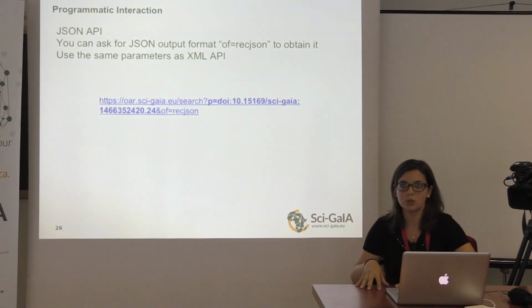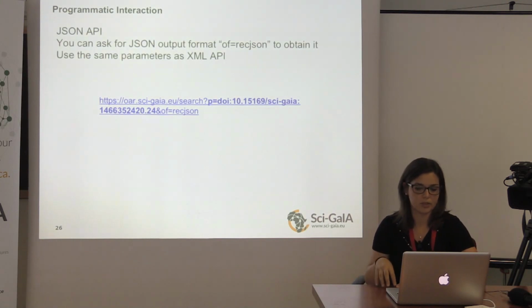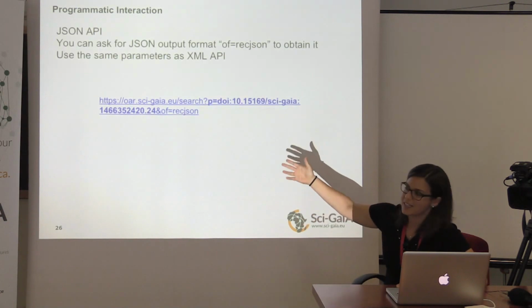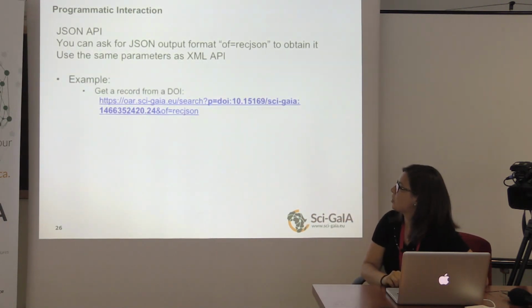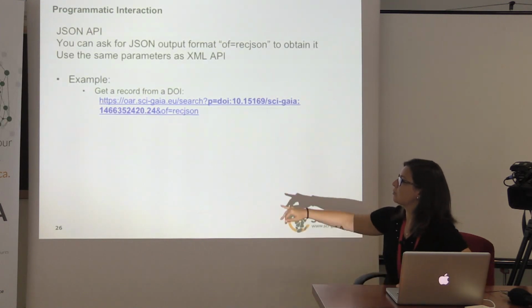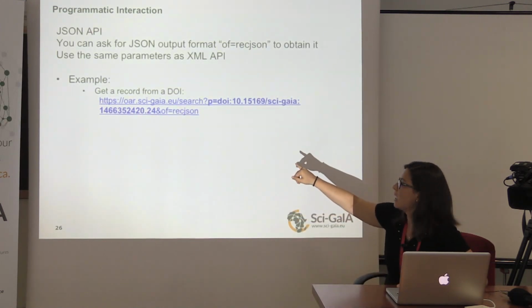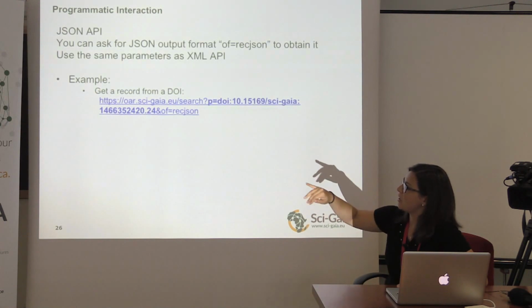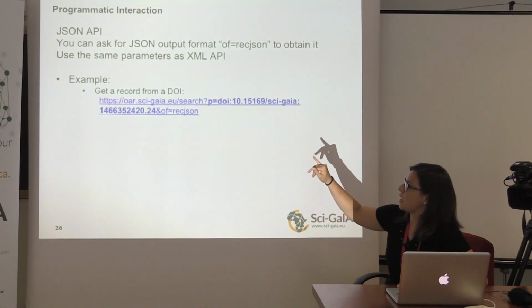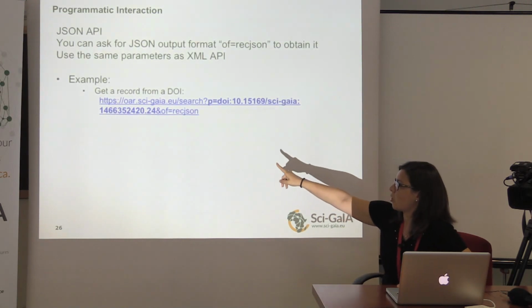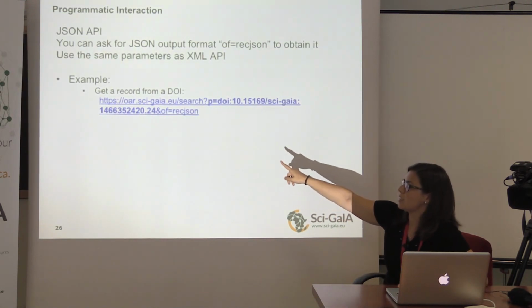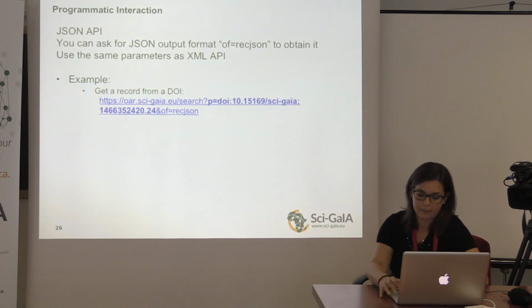If you want to use the JSON API, you can use all the parameters that you can use with the XML API. This is an example of a query that you can do with the JSON format. This is the same as the first query that we did with the XML API. The difference is that the OF value is recjson.